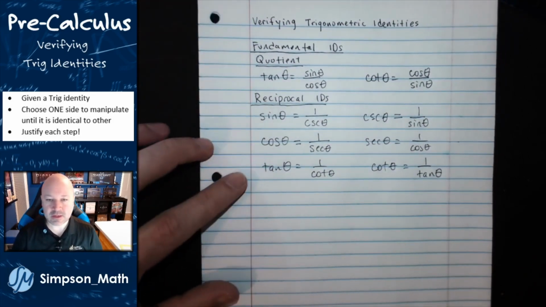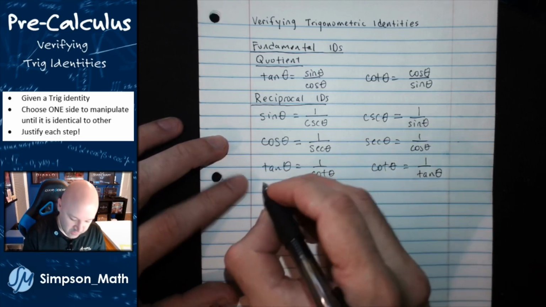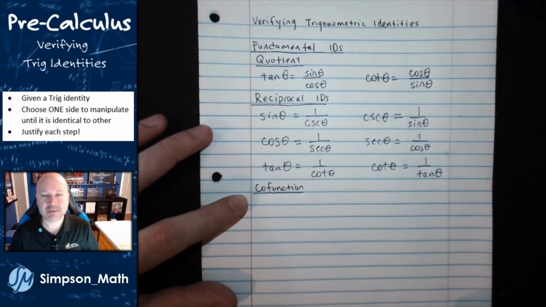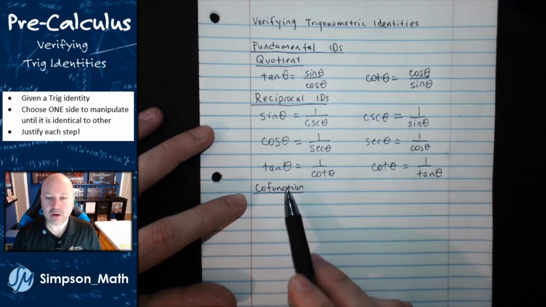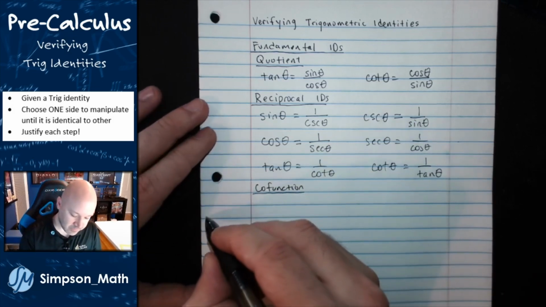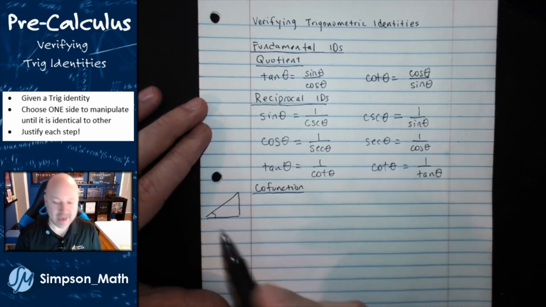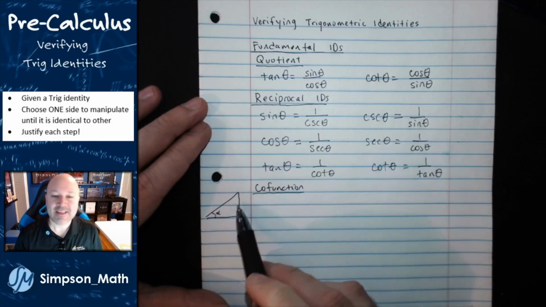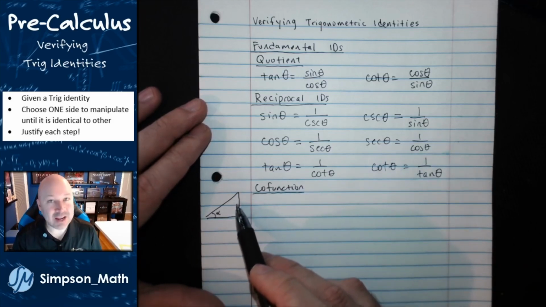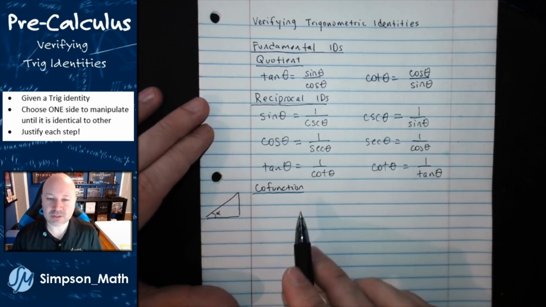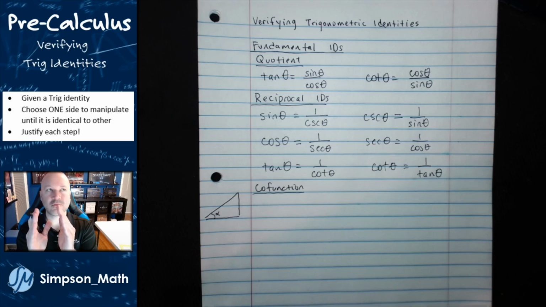All right. Then we came across the cofunction identities. We talked about this a couple times. One was the triangle. If that angle is alpha, then the other angle in the triangle must be 90 degrees minus alpha, or pi halves minus alpha. We also talked about cofunctions when we were graphing the trig functions, and that was a horizontal translation and also a reflection.